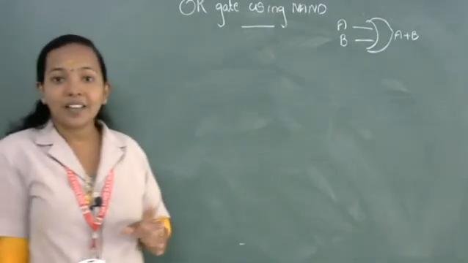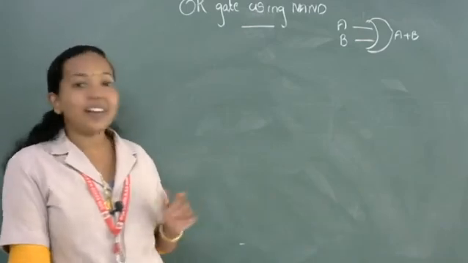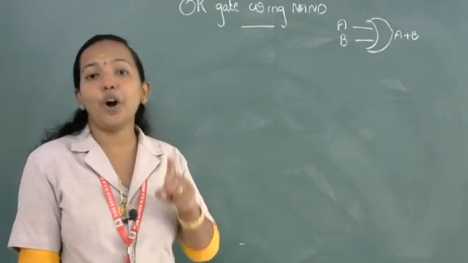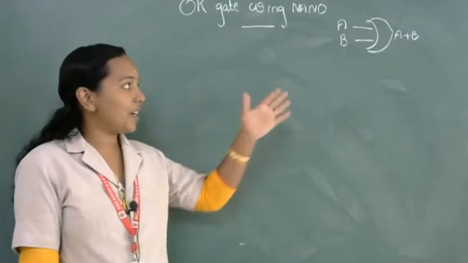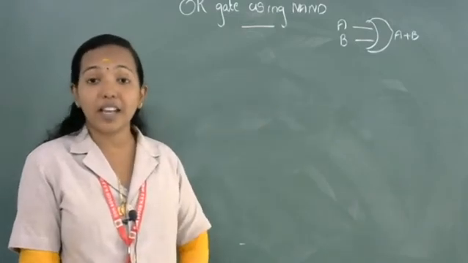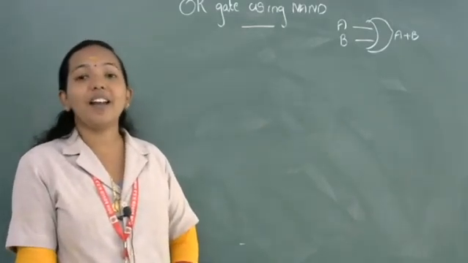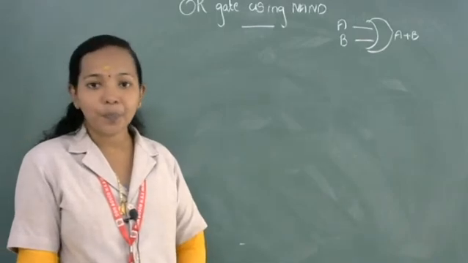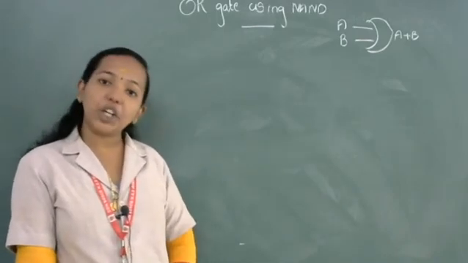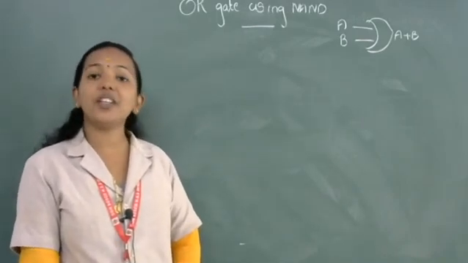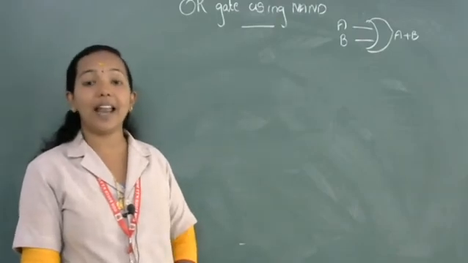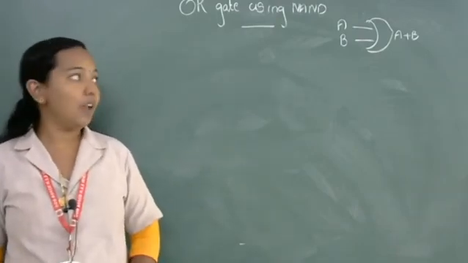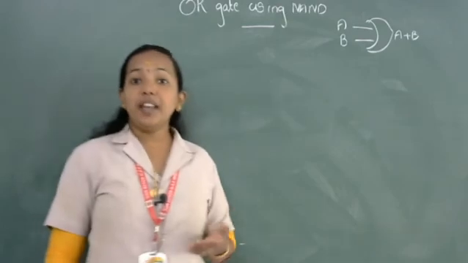So here, look at the operation. After NAND gate we are getting the dot operation. But the OR gate expression uses plus. So we are converting dot into plus, because after NAND operation we are getting (A dot B) all complement, but you want to get the plus operation.